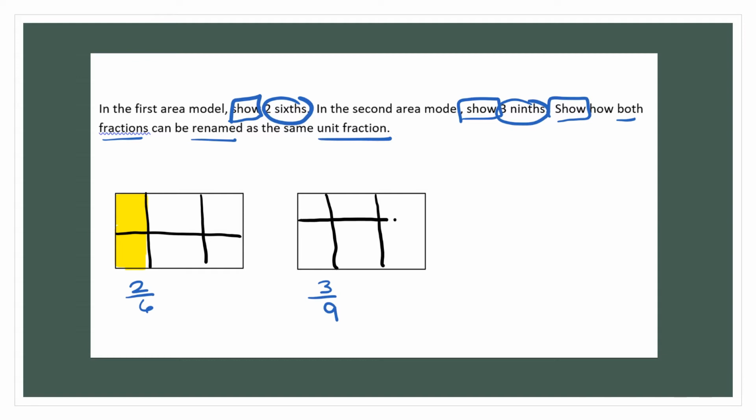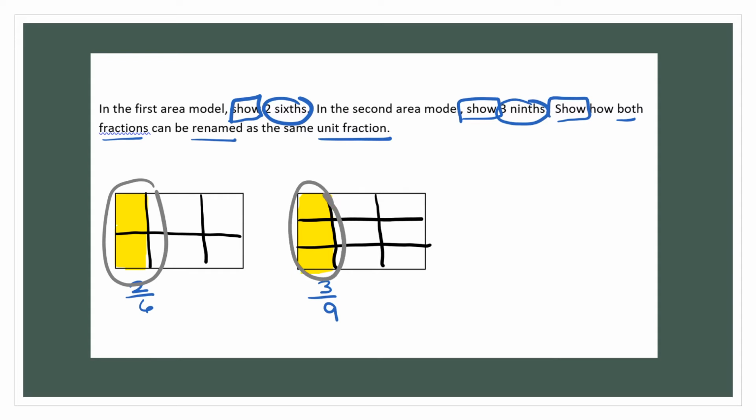I'll start with 1, and I know that's 6 boxes, and then I'll add another one. Now if I count, I have my 9 boxes, and I need to shade in 3. When I look at these area models, I will know I've done it right if the same section is highlighted in both area models.